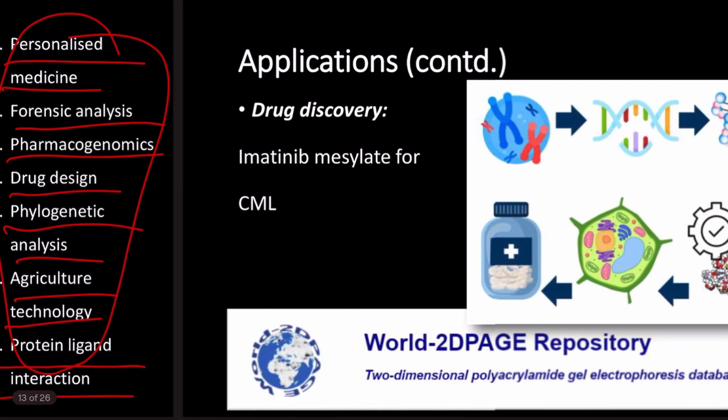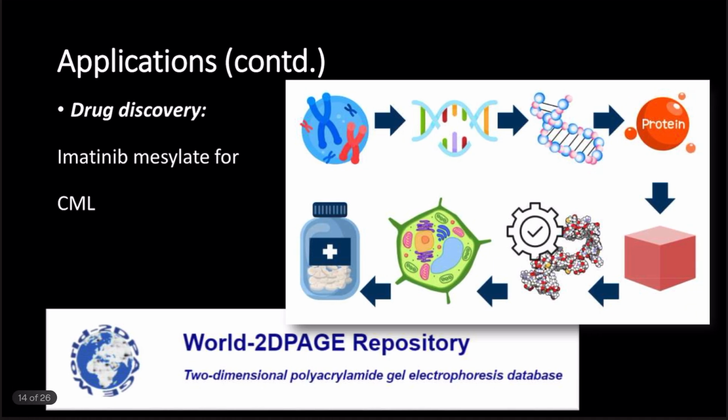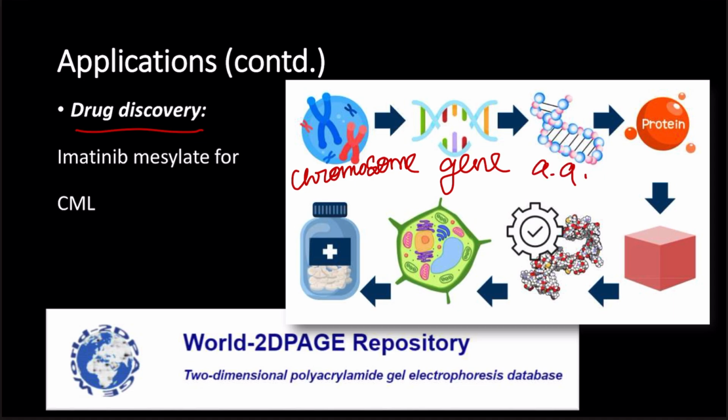Now coming to each of these individually, first is drug discovery. So here you can see we have the chromosomes. The chromosome contains the gene, and the gene codes for amino acids, and these amino acids finally fold to form the protein, and this protein has a 3D structure, and this 3D structure is responsible for its function, and this function is responsible for carrying out several life processes in the cell.